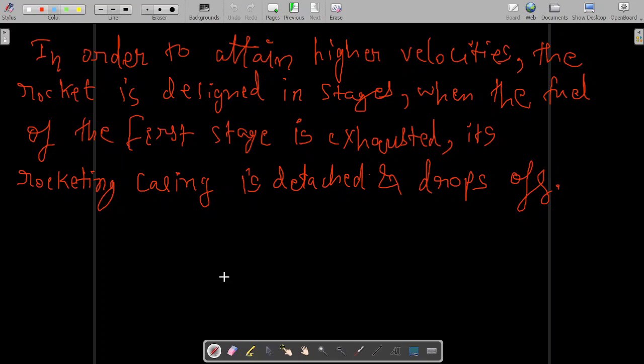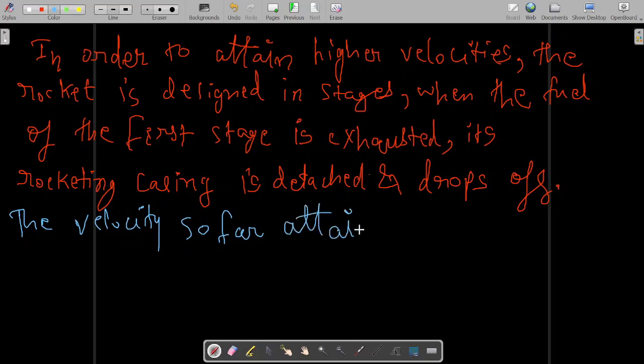And drops off. The velocity so far attained becomes the initial velocity.